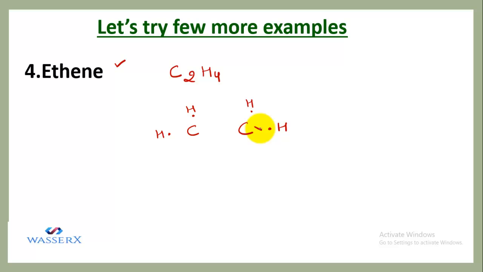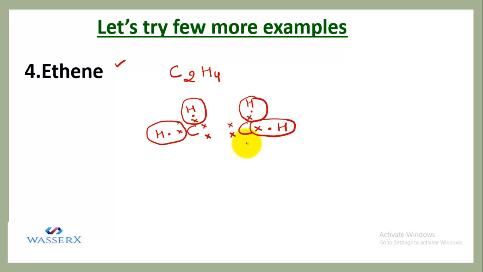So 1 pointing to this hydrogen, 1 towards this hydrogen and 2 are left. So these electrons are written in the middle. So similarly in this case you can write like this. Now these hydrogens are retaining the duplet by mutually sharing the electrons with the carbon atom like this.